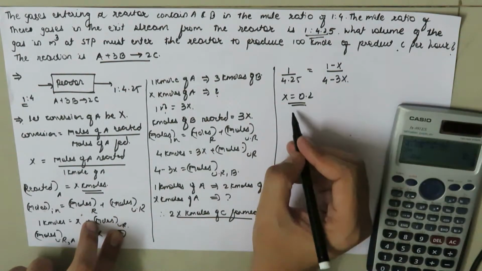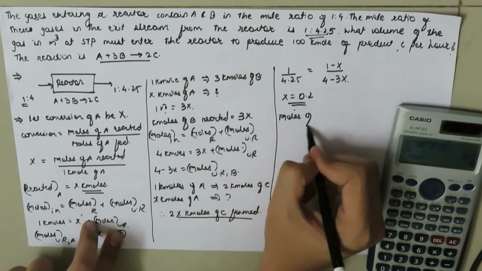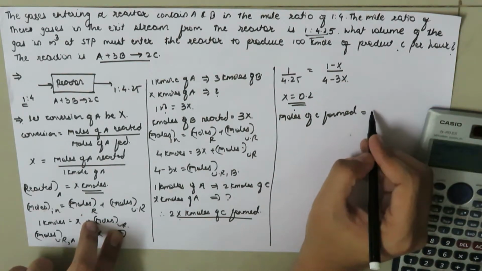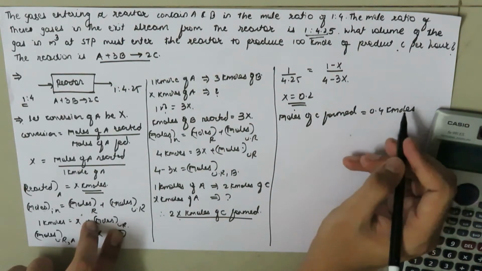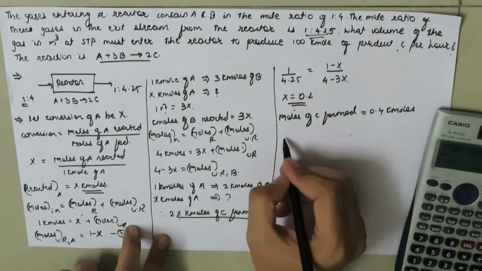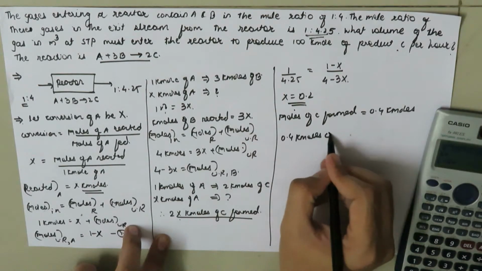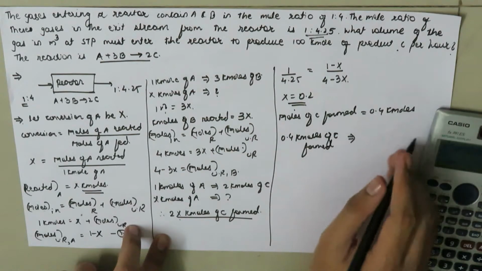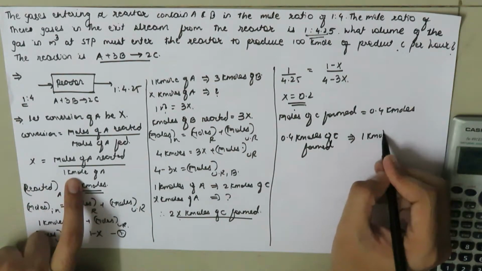If we put this conversion here, the moles of C formed is equal to 2 into 0.2, which is 0.4 kmoles. So now we can conclude that when 0.4 kmoles of C is formed, then 1 kilomole of A is reacted.